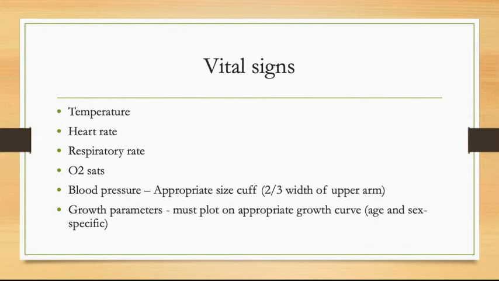And also, while a child is at the GP, you can also check on their growth and plot on the appropriate curve, making sure you're doing it at the right age and the right gender. It would be good practice to do a few of these plotting when you're at the GP.